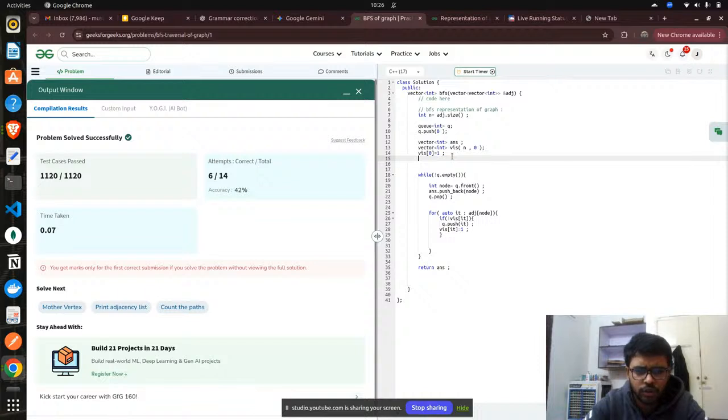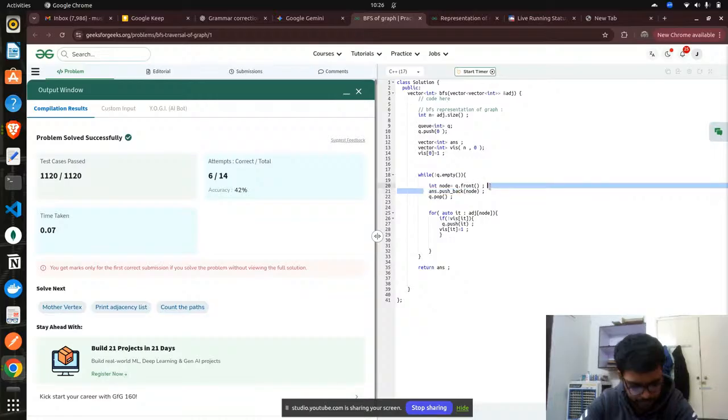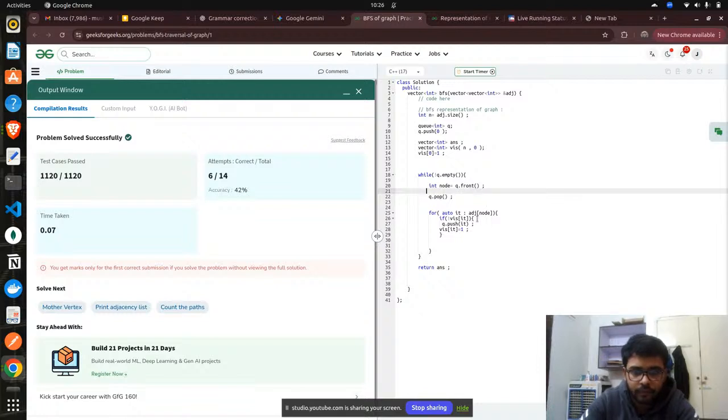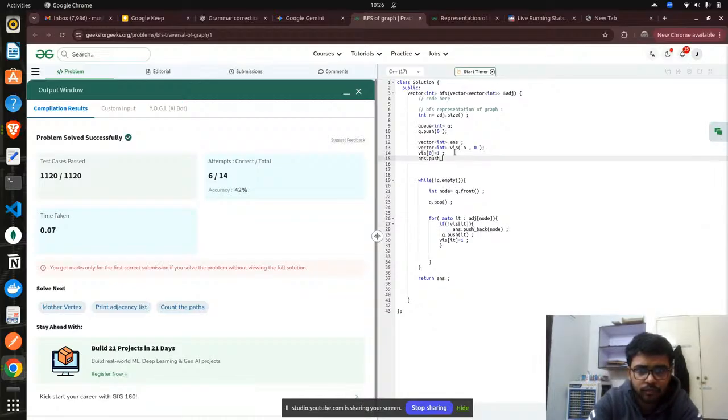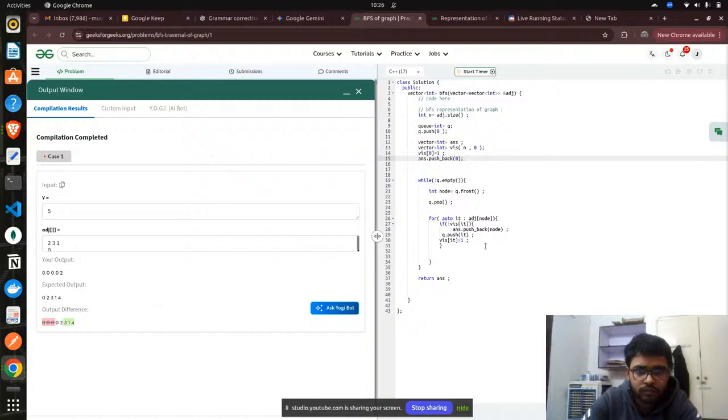Here we assume that the root node is 0, and here we have pushed the node. Queue push, answer push back 0.